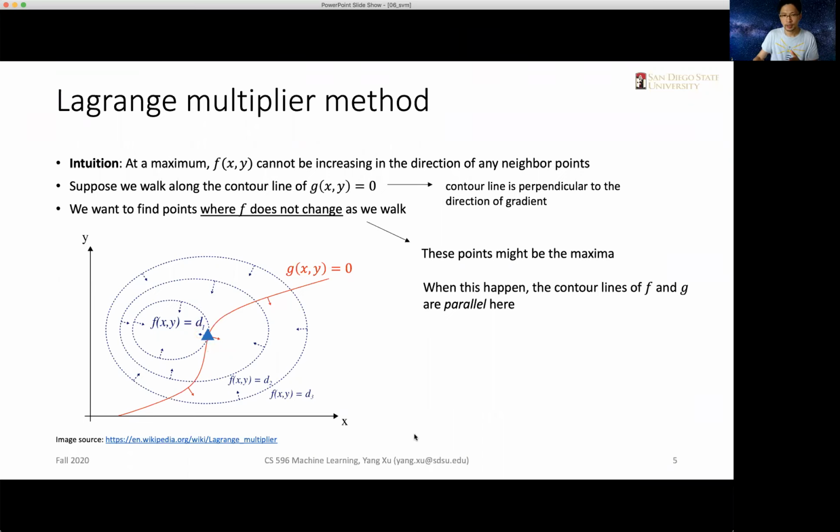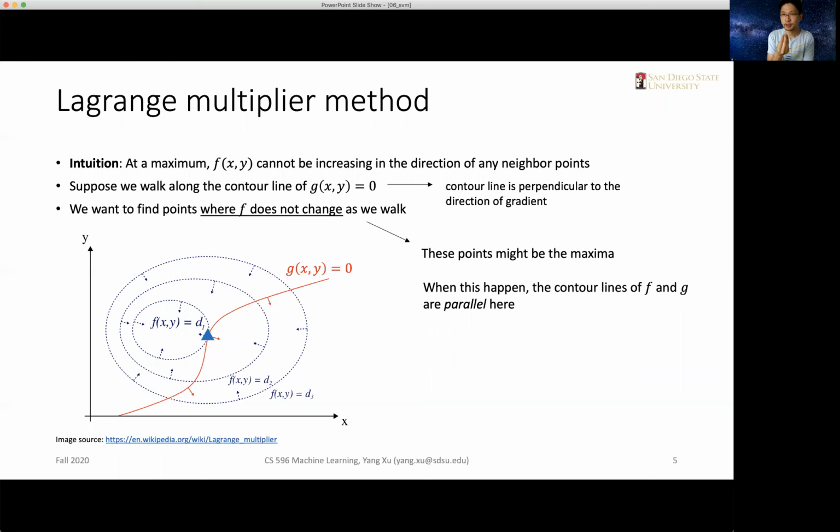So we can conclude that this could be the maxima we are looking for.